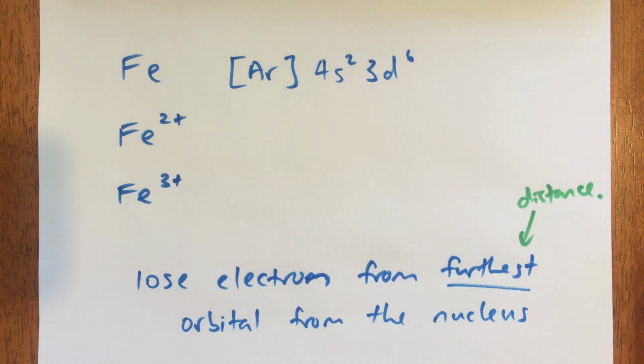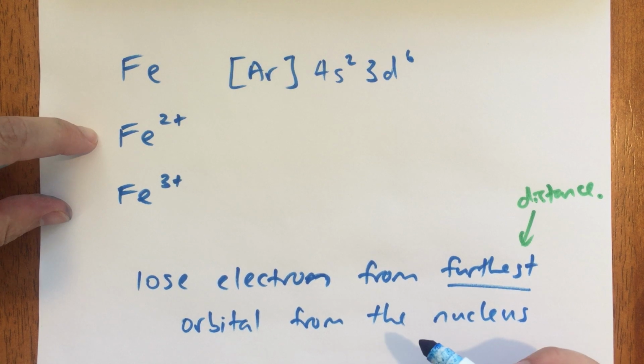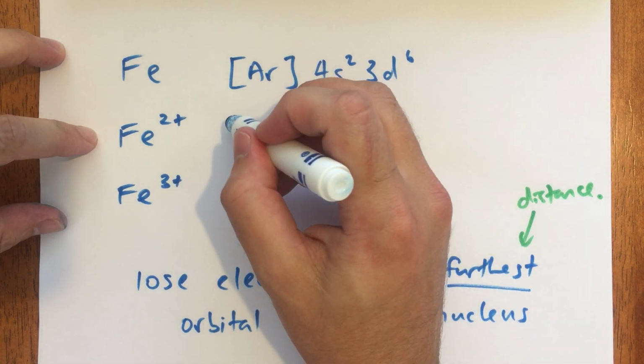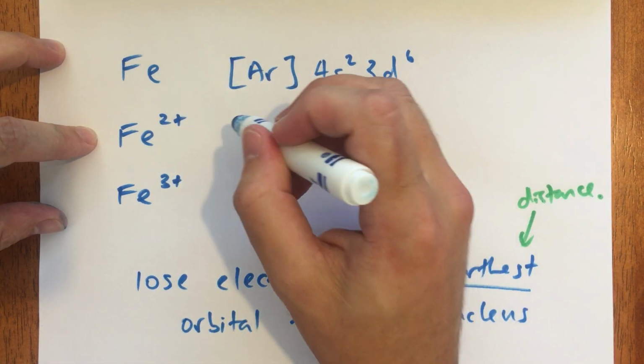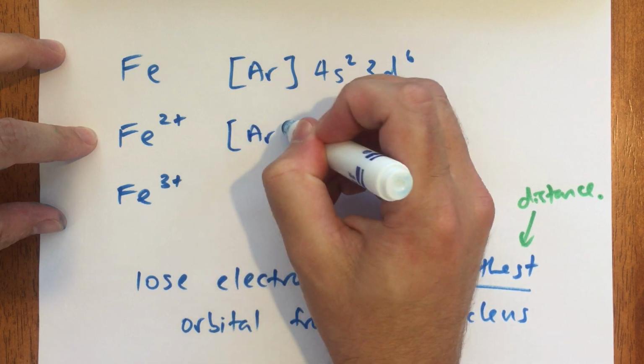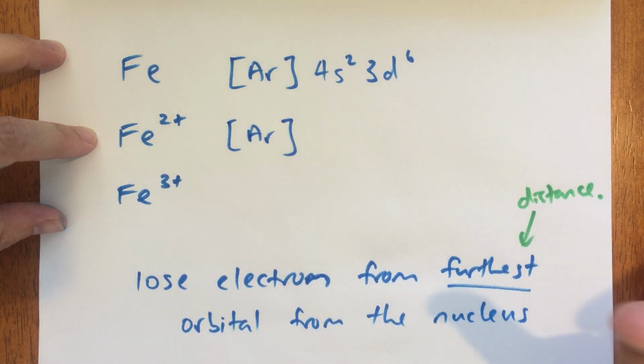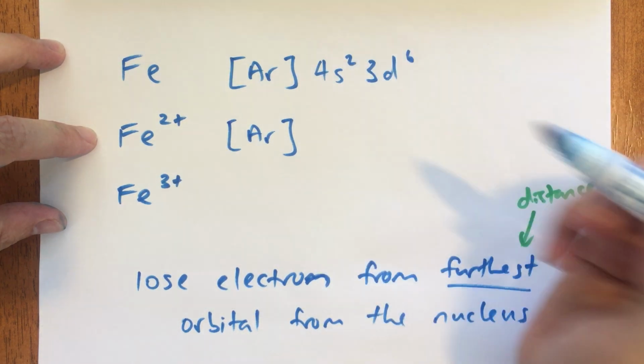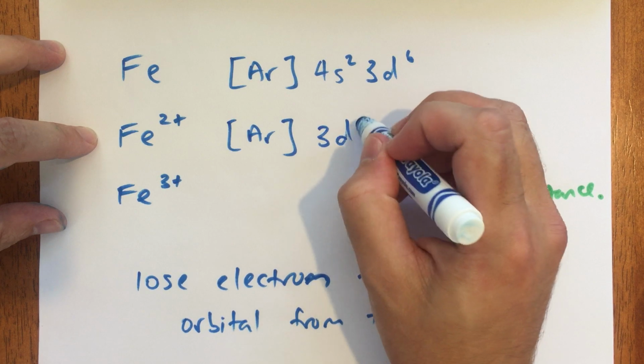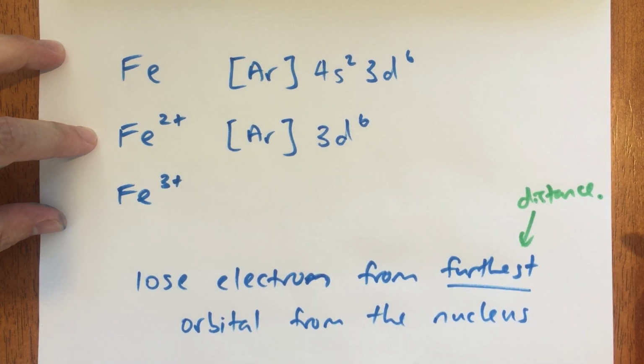So let's apply that now to Fe2+. Fe2+ will have lost 2 electrons, so those 2 electrons are both going to come from the 4s subshell, because that is the subshell that is furthest from the nucleus. So if we remove both of them, that leaves us with just 3d6. So that would be the electron configuration for Fe2+.